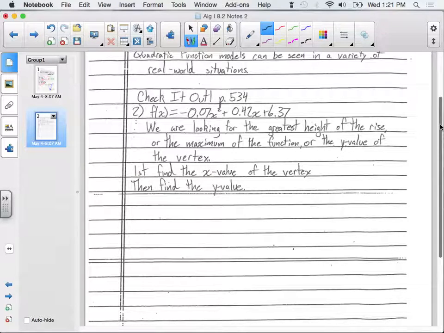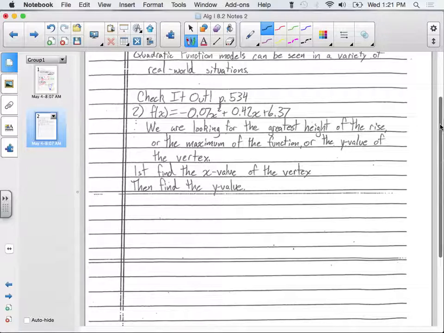So everyone open your books, page 534. All right, and we are going to do Check It Out problem number 5 at the bottom of that page.